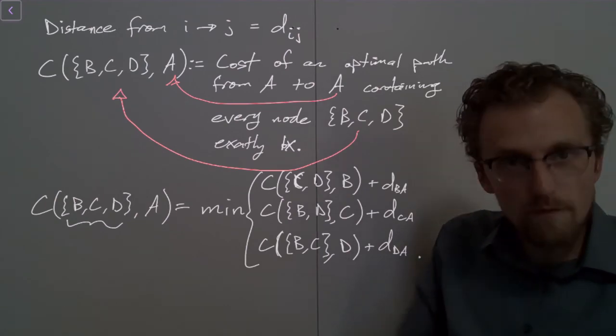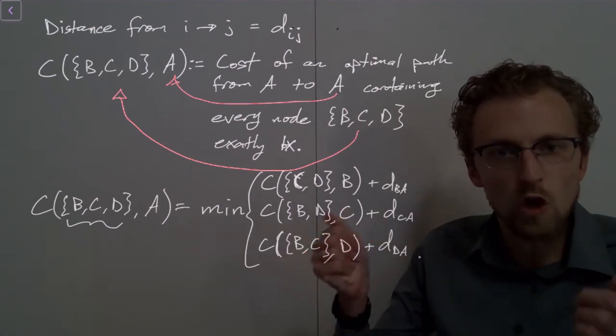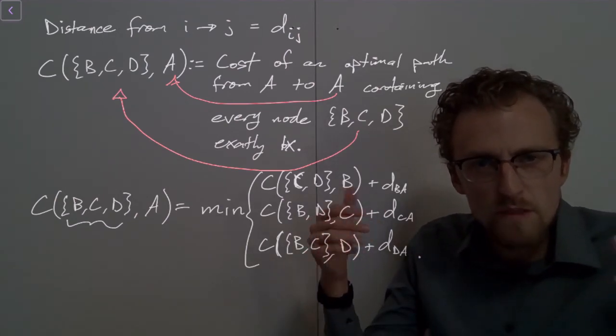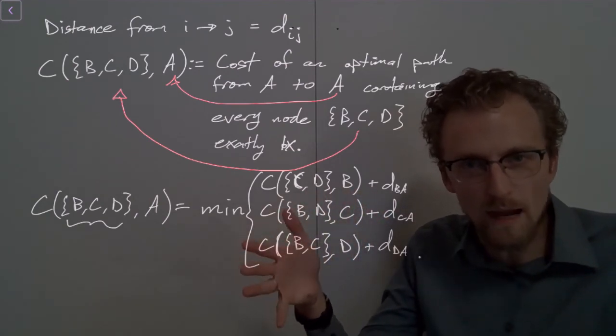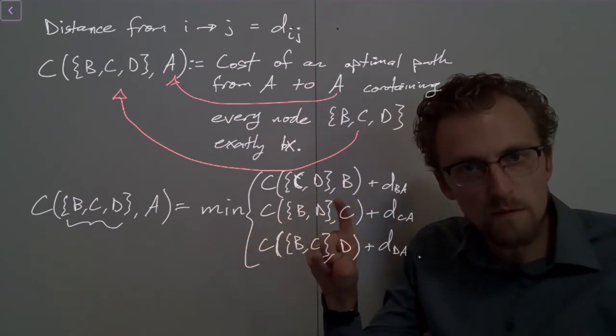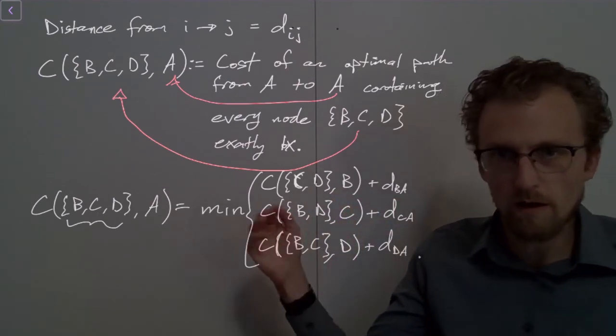So when I have n nodes, this last DP step is going to compare n minus 1 possibilities, right? So here I've got 4 nodes.